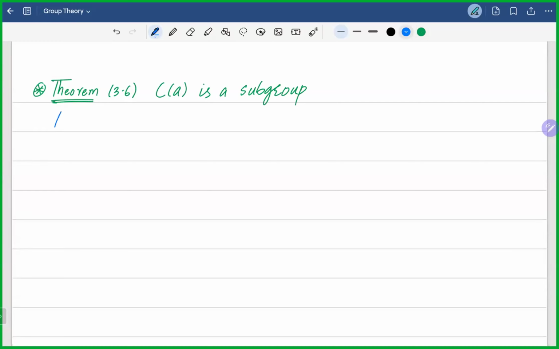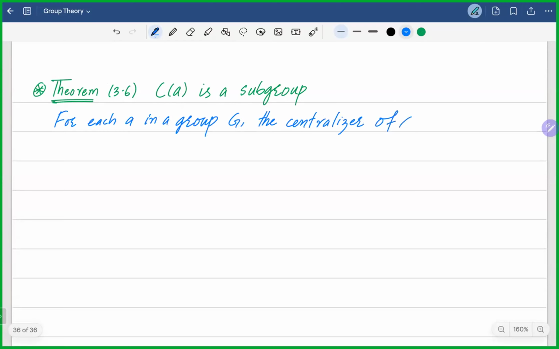And we say in a statement that for each A in a group G, the centralizer of A is a subgroup of G. Okay, and the proof of this is similar to theorem 3.5.